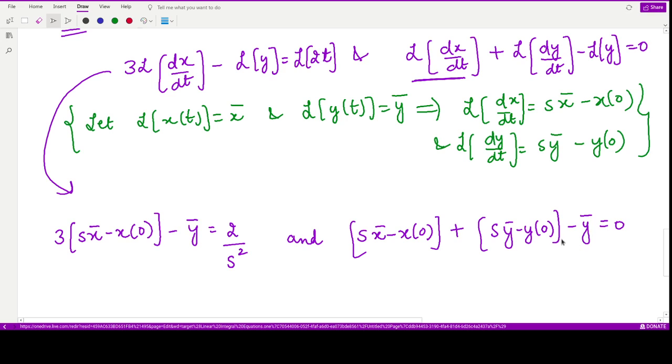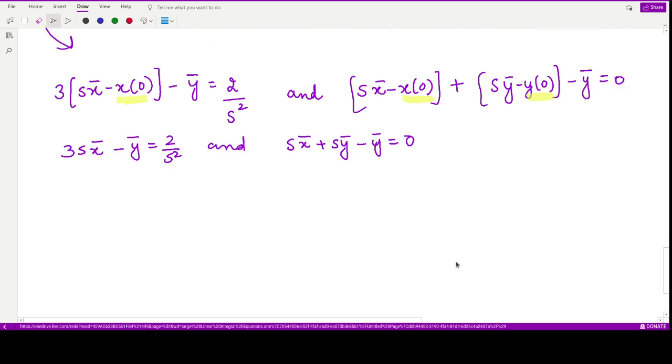Now the initial conditions x of 0 and y of 0 are all equal to 0. Therefore, we will have 3s x bar minus y bar is equal to 2 by s square, and s x bar plus s y bar minus y bar is equal to 0.